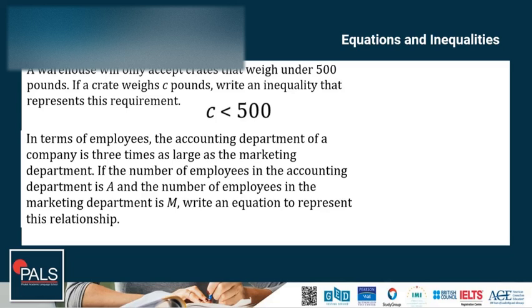So 3 times as large means that you would have to multiply the number of employees in the marketing department by 3 to get the number of employees in the accounting department. As an equation, this can be written as A for accounting department is equal to 3 times M, where M represents marketing department. So A equals 3M.